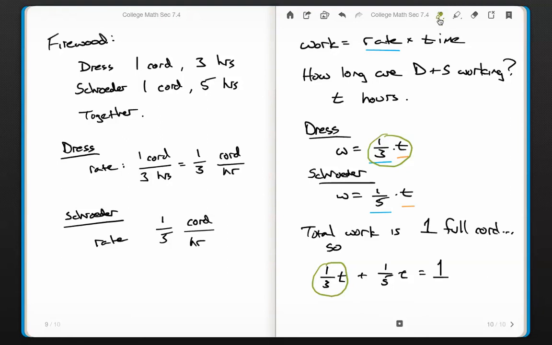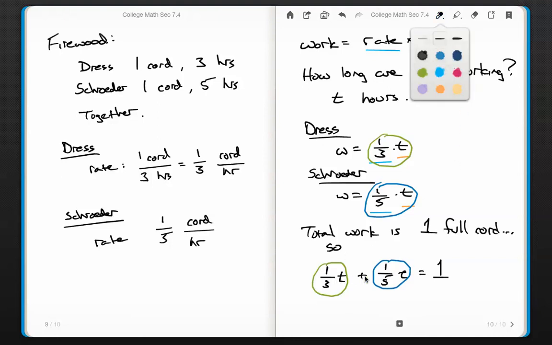And then let's do Schrader's in dark blue. So Schrader's doing this much time. And our work together has got to equal 1 cord. Holy cow, this is a long problem. So let's go back to black ink. So we have 1/3 t plus 1/5 t equals 1.